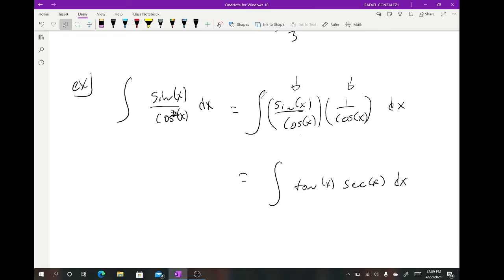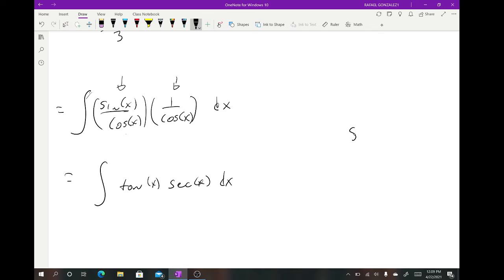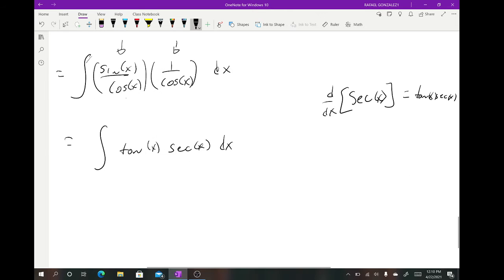Now, if you don't remember, let me remind you of something. The derivative of secant of x is equal to tan x times secant of x. This is something that we did way earlier in the semester, when we first began talking about derivatives.